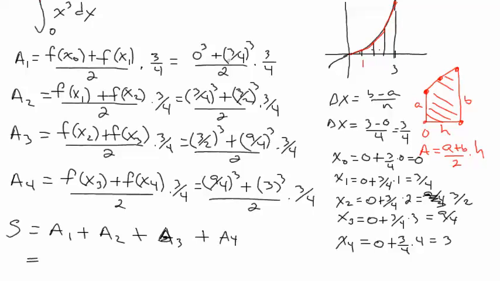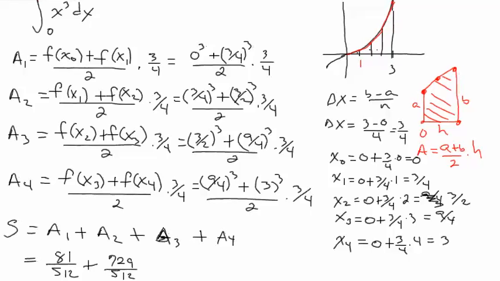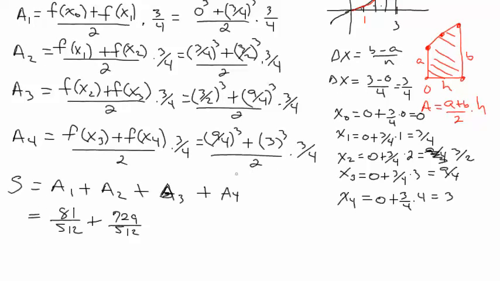So now when you do the arithmetic here, you should come up with, on the first one, 81 over 512 plus, and then the next one you should have 729 over 512. Plus, and then A3, I got 2835 over 512. And then A4, I got 7371.